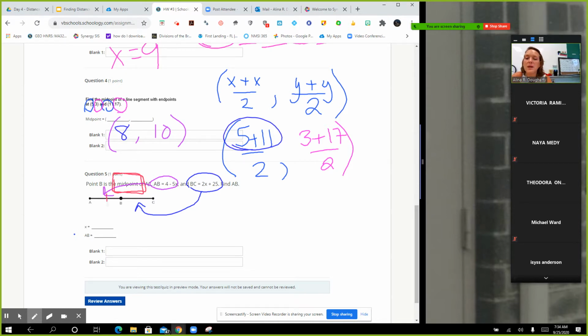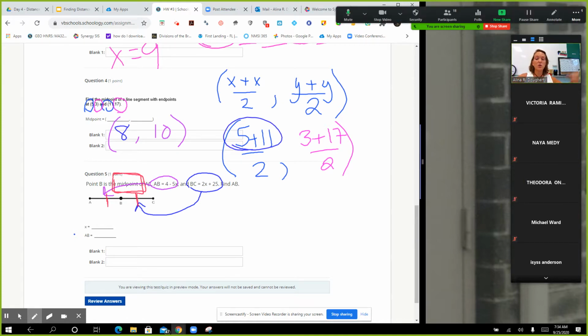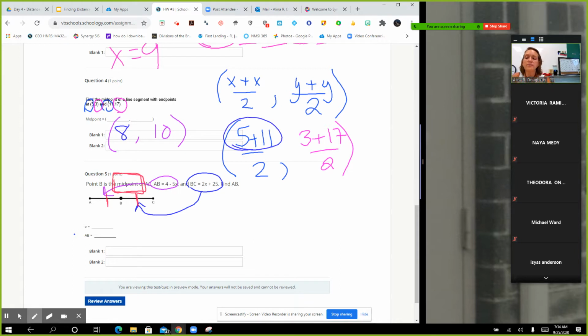How are A, B, and B, C related? B is the middle for sure. So if A and C are the endpoints and B is the midpoint, then the segment to the left and the segment to the right are equal?